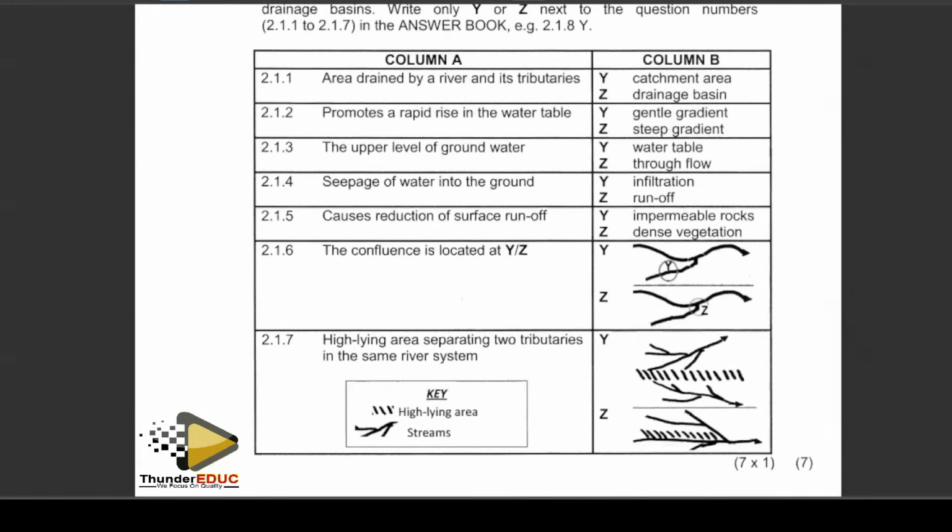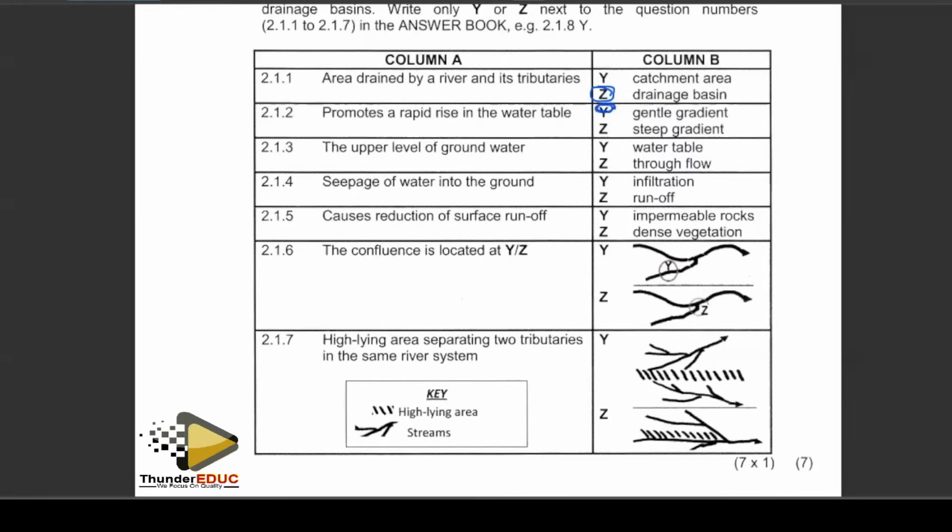The first question 2.1.1. An area drained by a river and its tributaries. We do not want to waste time. That is a drainage basin. Promotes a rapid rise in the water table. Which one promotes a rapid rise? It's a gentle gradient.